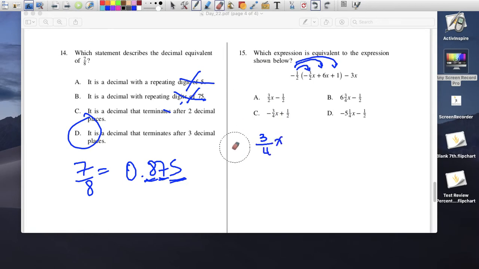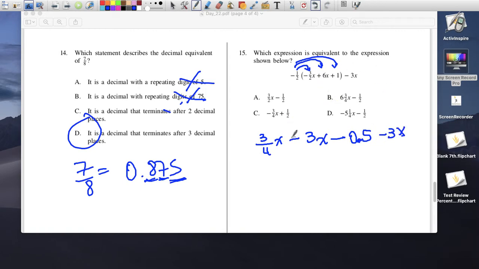Second, a negative times a positive is a negative, and 1/2 times 6 is 3x. Negative times a positive is a negative again, and half times 1 is 0.5. And then minus 3x.